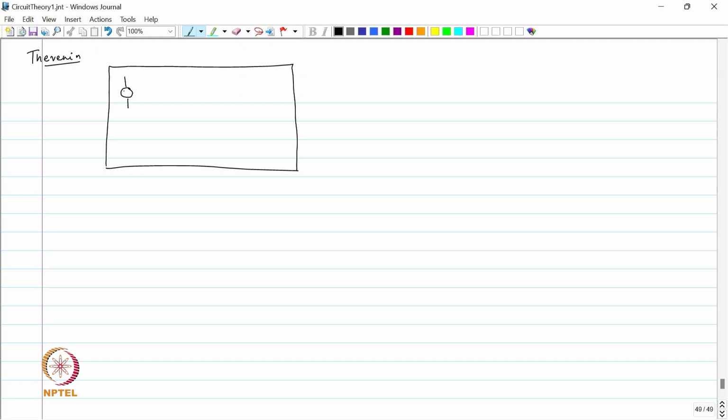These could be voltage sources, current sources. Let me draw them a little bigger. Okay, all these sources are there. They could be voltage sources, they could be current sources, these are all independent sources, right.